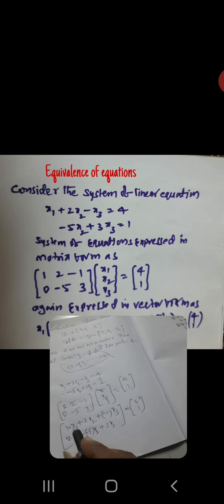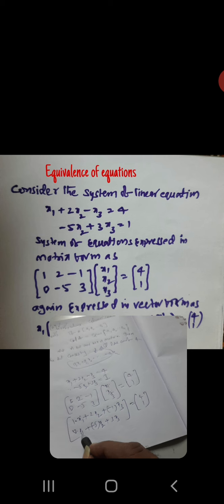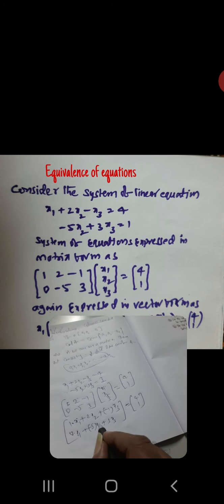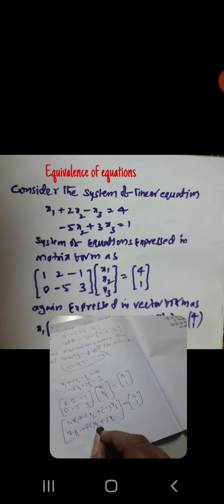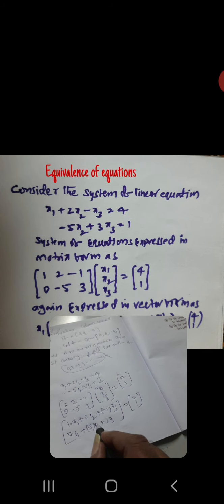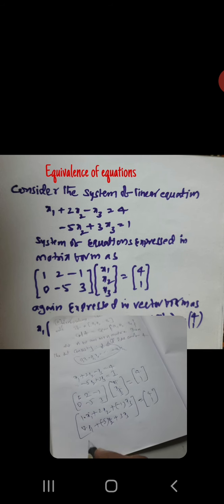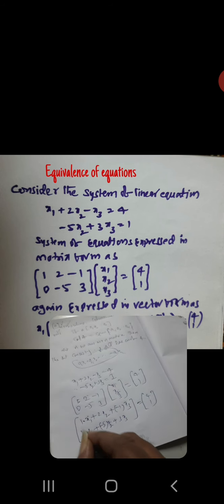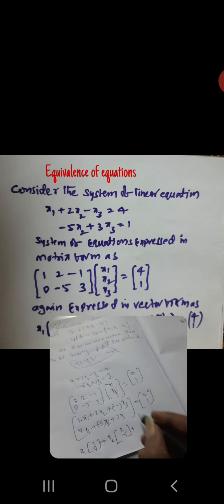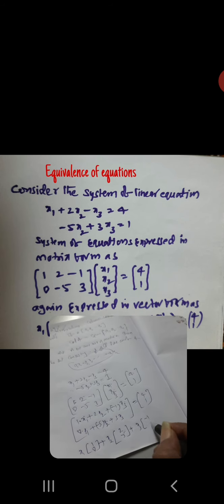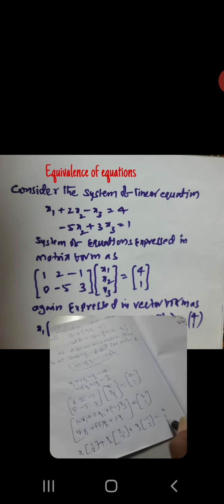Now write the vector form. Here x1 is common: you write x1 times 1 comma 0, plus x2 times 2 comma minus 5, plus x3 times minus 1 comma 3, is equal to 4, 1.